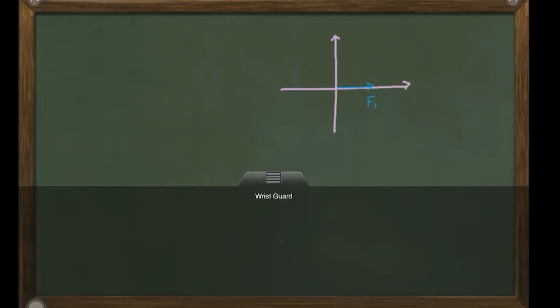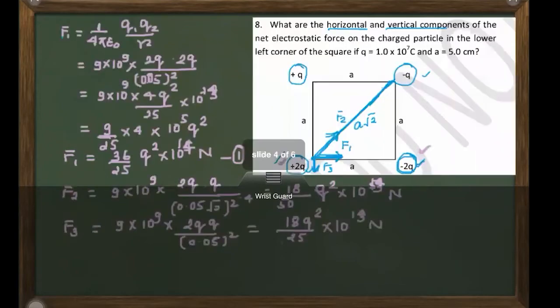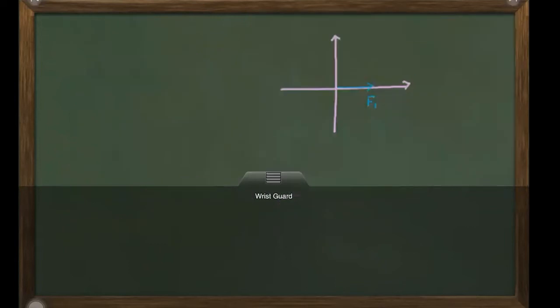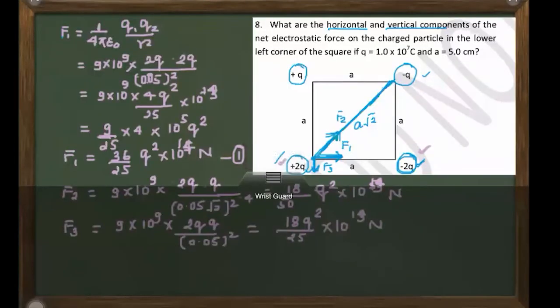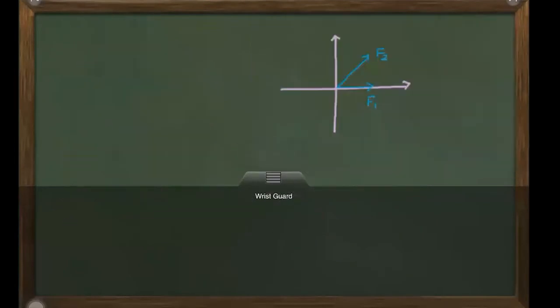Now where is F2? F2 is in this direction, so this is F2. And in which direction is F3? That is downward, minus. Here is F3. Values are clear to you.